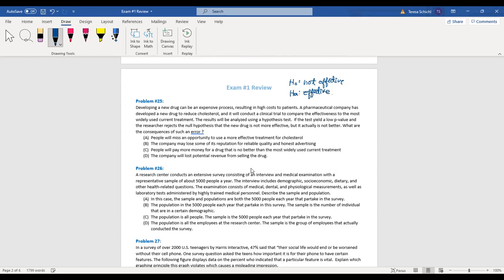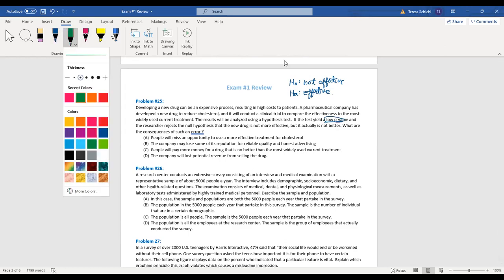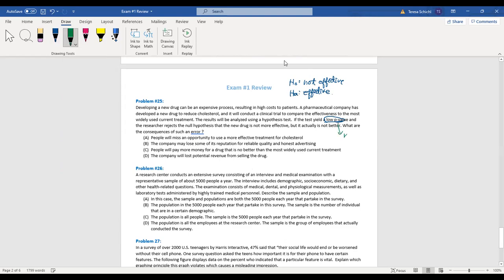So if the result gives a low p-value, what does that mean? The lower the p-value, the more I reject the null hypothesis. And the researcher rejects the null hypothesis that the new drug is not effective.